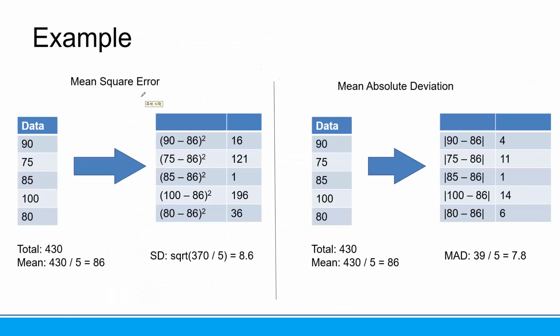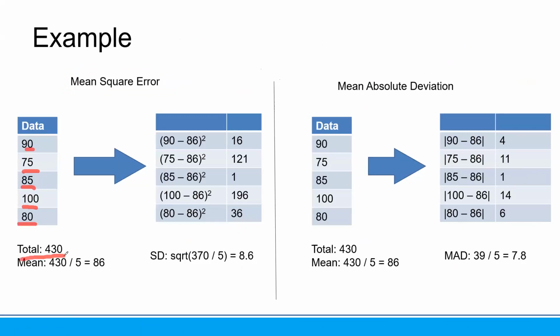The common standard deviation is using the mean square error. So this is using the standard deviation. We will calculate it with the mean square error. Then we have the mean absolute deviation. Now, I have this data: 90, 75, 85, 100, and 80.